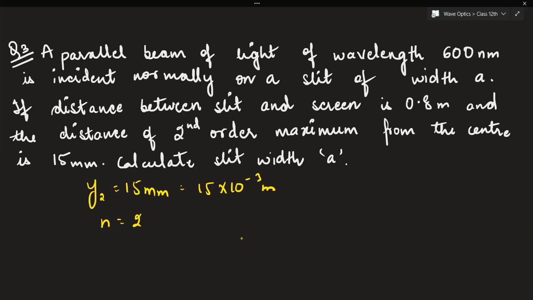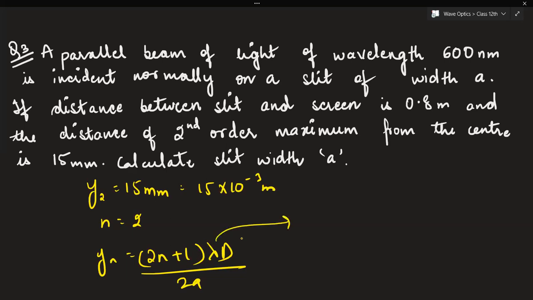So the formula of y will be (2n plus 1) lambda capital D by 2a, because maxima is there. Lambda is 600 nanometers, capital D is 0.8 meters, yn is 15 millimeters, n is 2, and a is unknown.